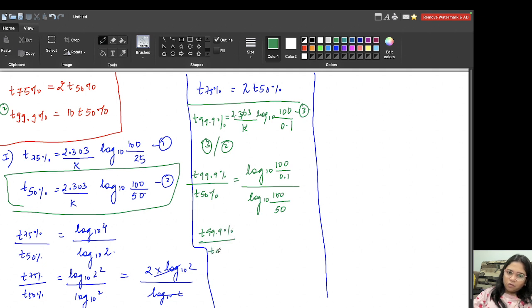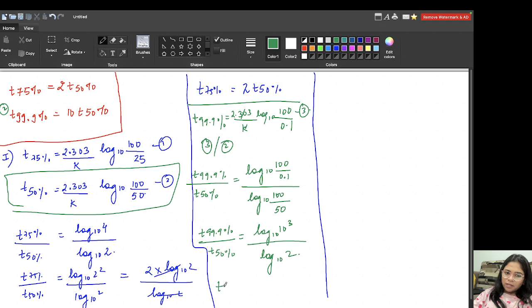T 99.9% divided by T 50% equal to your log base 10 to the power 3. I can write it down, and here I can write it down log base 10 of 2, I think it will be 2, right?